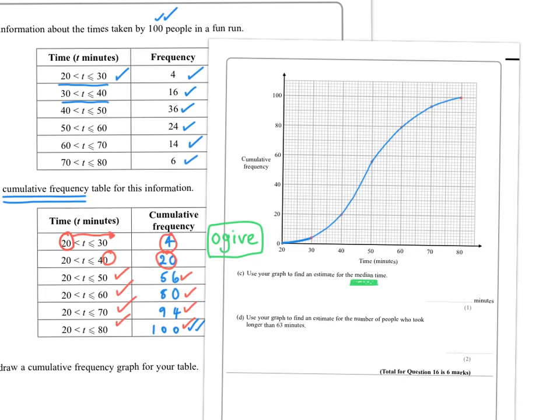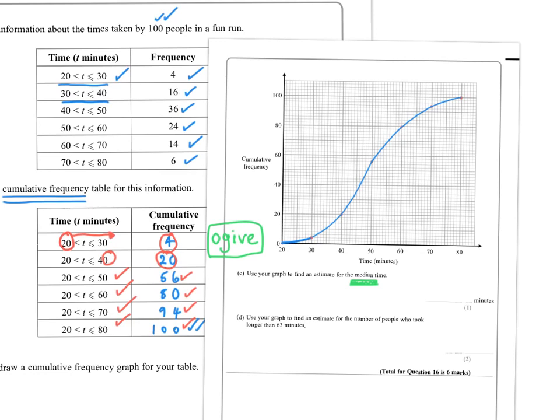Well, there's 100 people in the fun run, so if we go to the middle person, the 50th, even though strictly there's 50 people on one side and 50 people on the other, the median is strictly the 50.5, but you just read along to halfway.